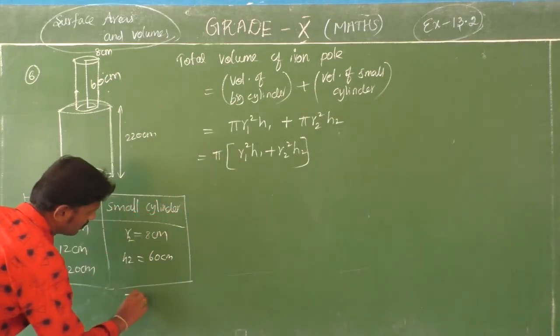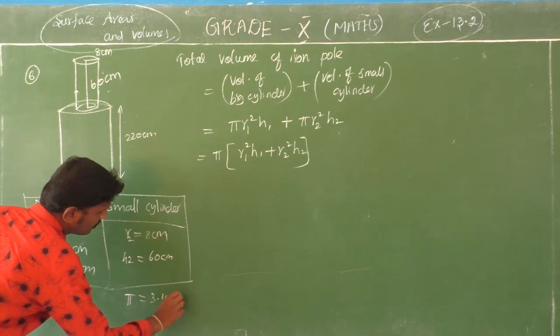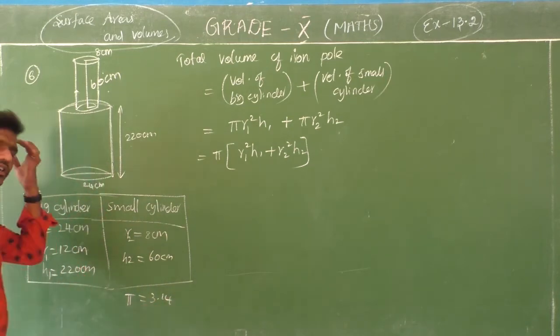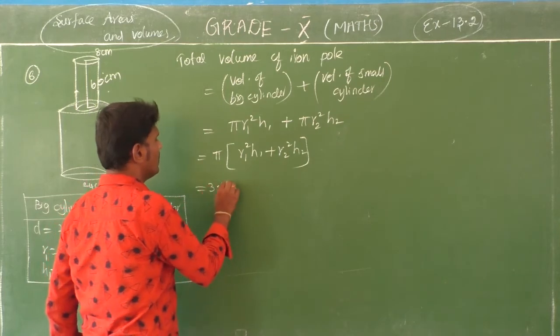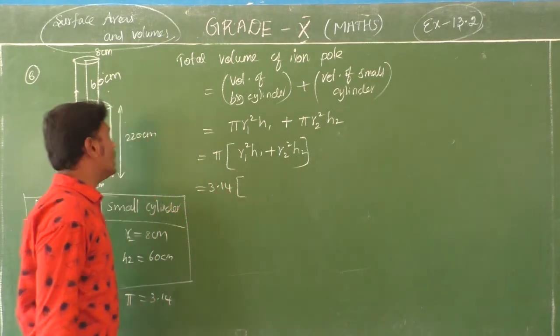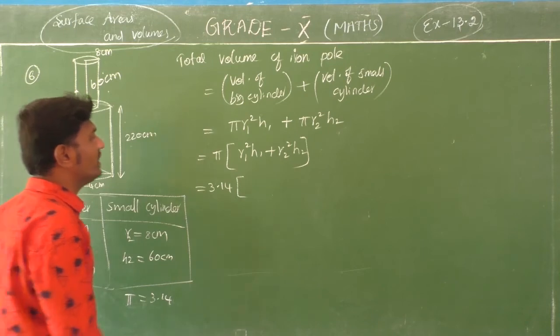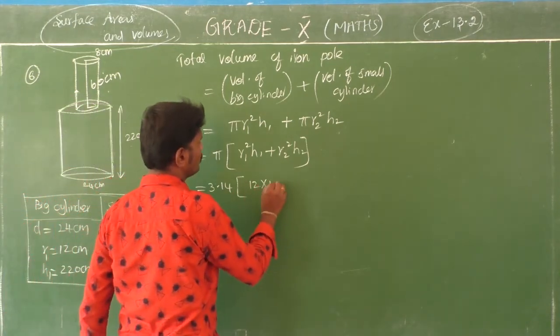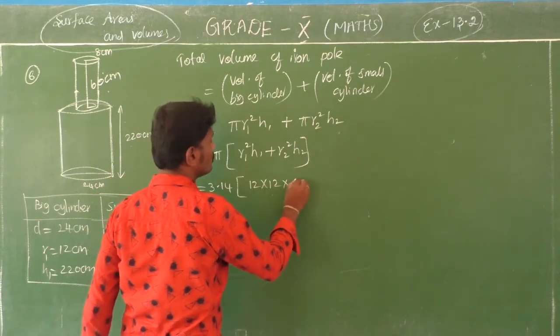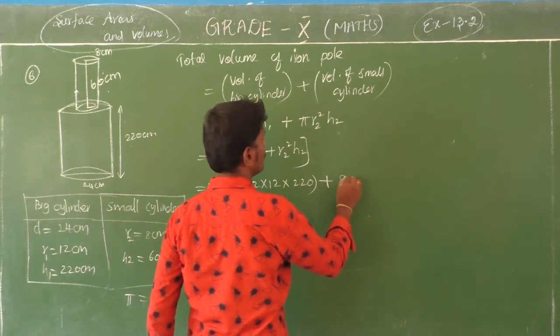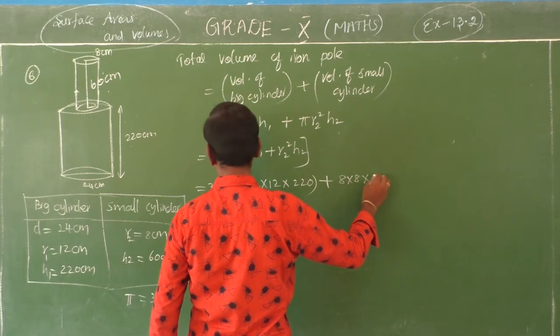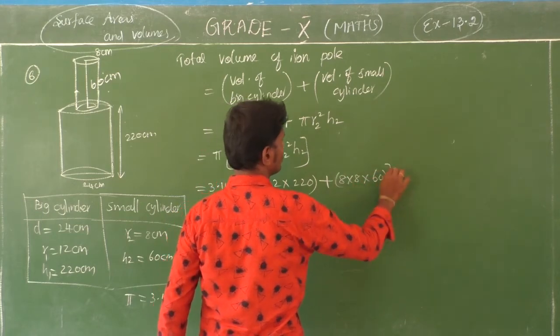When you are writing the given, you have to write the pi also. Now you have 3.14 into 12 into 12 into 220 plus 8 into 8 into 60.